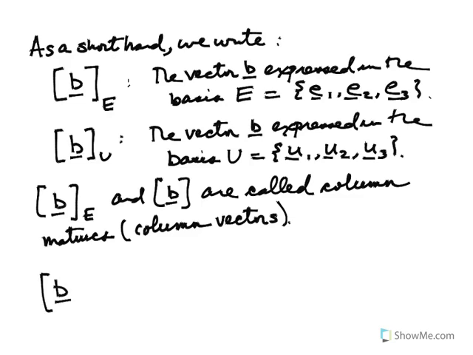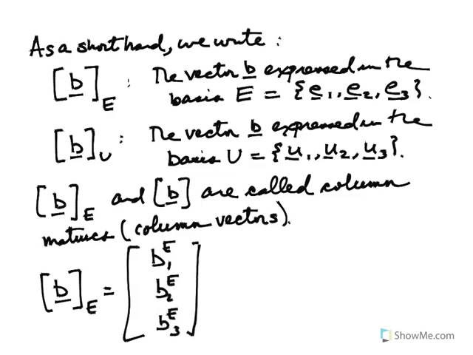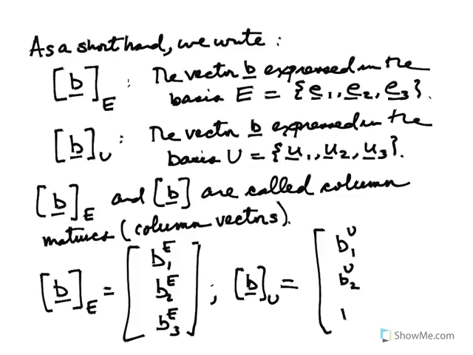We would say BE is equal to B1E, B2E, and B3E. And then similarly, we'd have B expressed in coordinates defined by the basis U, and that would be B1U, B2U, and B3U.